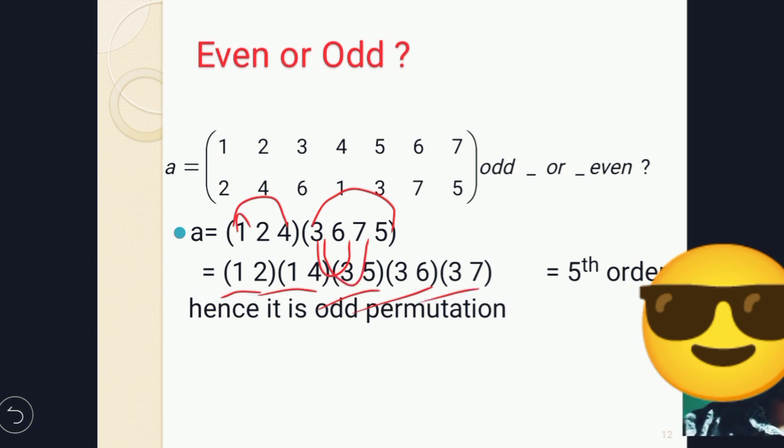Here we are getting 5 transpositions, so it is of fifth order, hence it is an odd permutation.